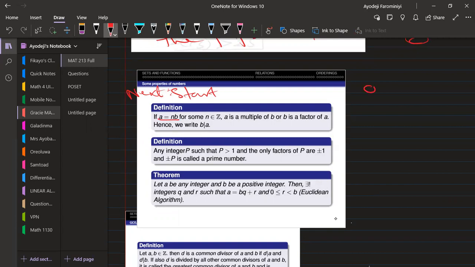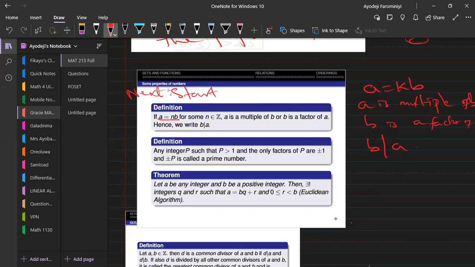So if A equals KB, then A is a multiple of B. That is, I will multiply B by something and I get A. That's the meaning of multiple. A is a multiple of B. And the reverse statement is that B is a factor of A. And we can write it as B divides A.